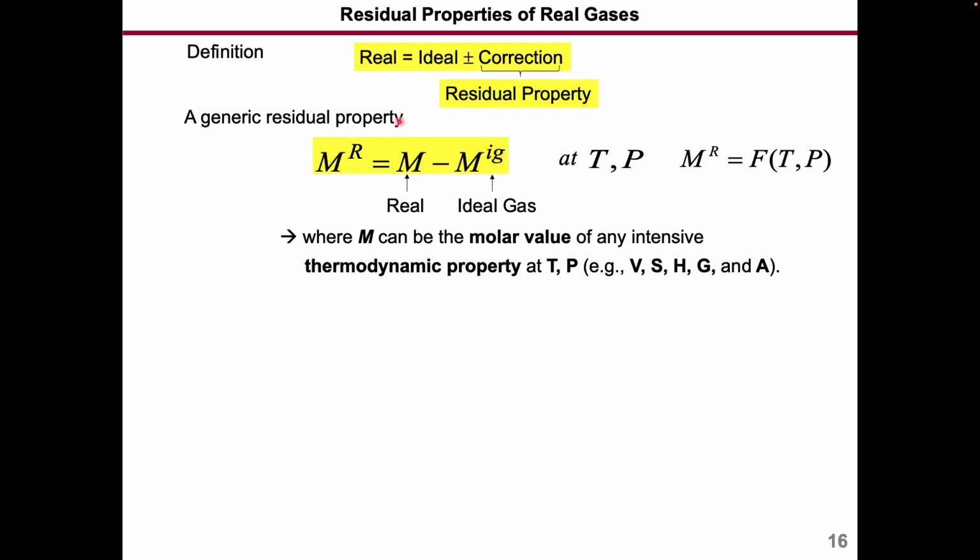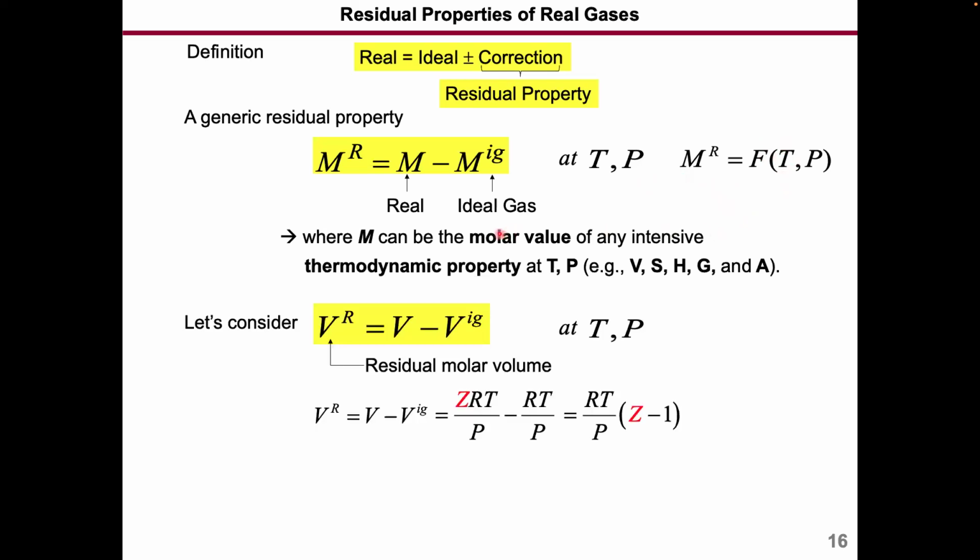This residual property you have to define at a temperature and pressure, so it will depend on temperature and pressure. It is the residual property at that particular state; at a different state you will have a different residual property. So in the end, your residual property is going to be a function of T and P. All right, so now let's first think about the residual molar volume.